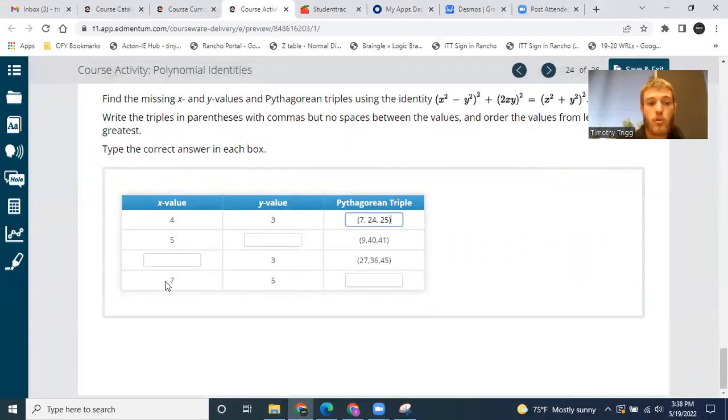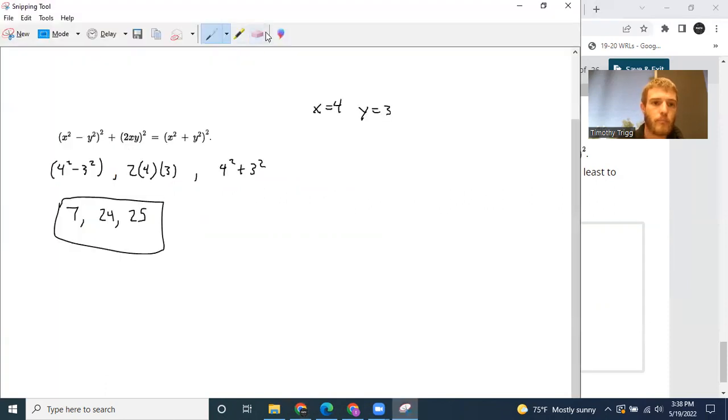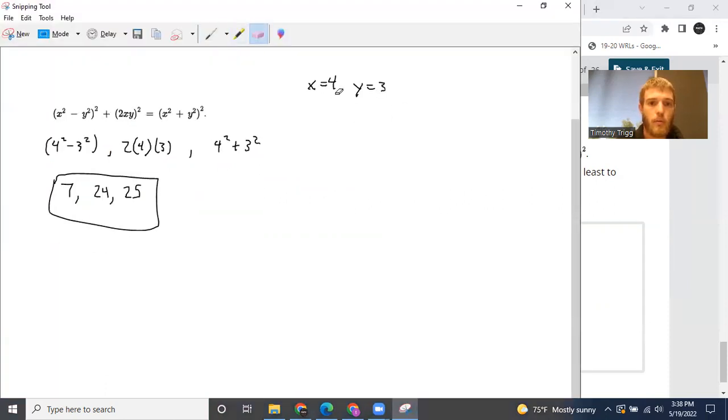I want you to use this x value of 7 and the y value of 5 to find this Pythagorean triple right down here. Now, what about for this 5 where you don't know the y value, but we do know this 9, 40, 41? Well, let's try it out. So our x value is 5, but we don't know the y value.